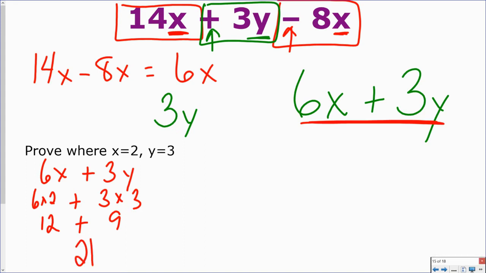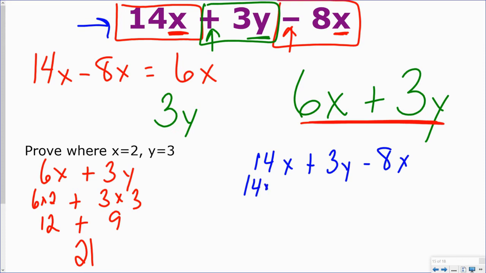And then I want to look at my other one, which is right here. And so here I have 14x plus 3y minus 8x. So again, I'm going to put the 2 and the 3 in for my x's and y's. So this would be 14 times 2 plus 3 times 3 minus 8 times 2.